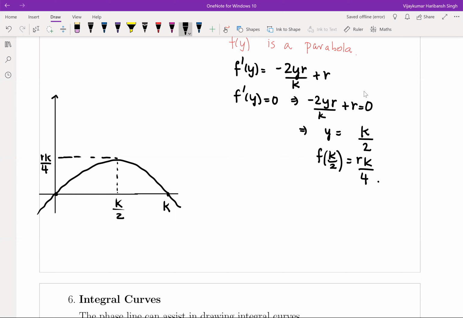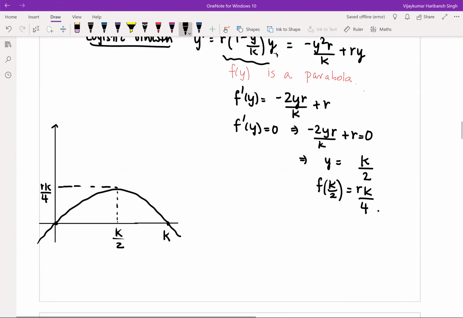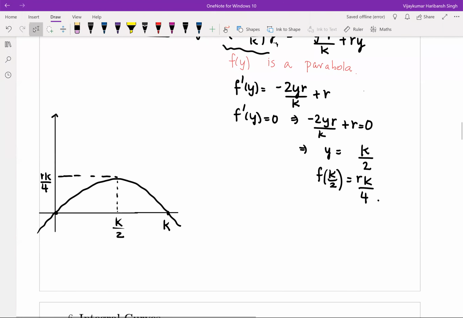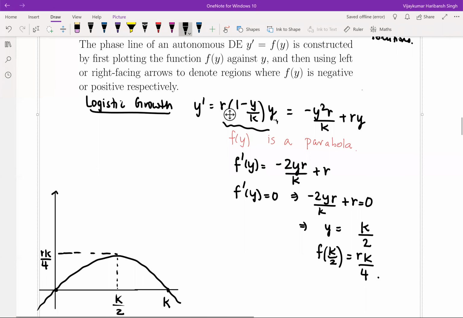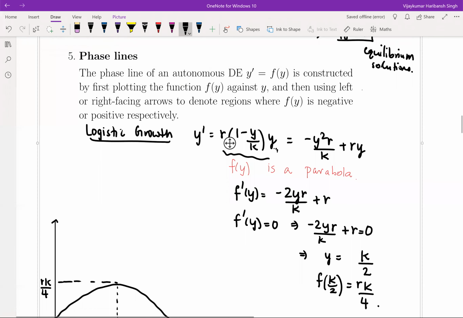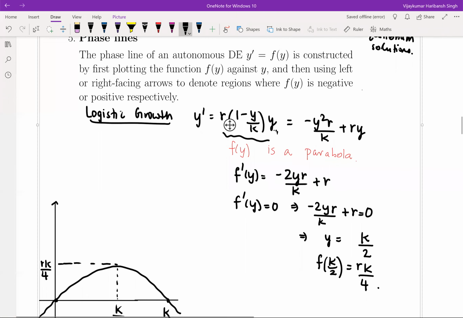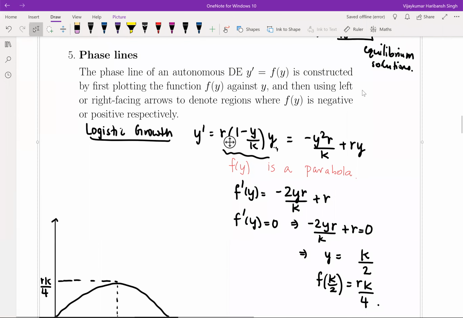So now let's determine the signs for our y prime. First you draw f of y against y, which we have done already. Then you draw the left arrow or the right arrow to denote the region where f of y is negative and positive respectively. So you will use the left arrow where f of y is negative.